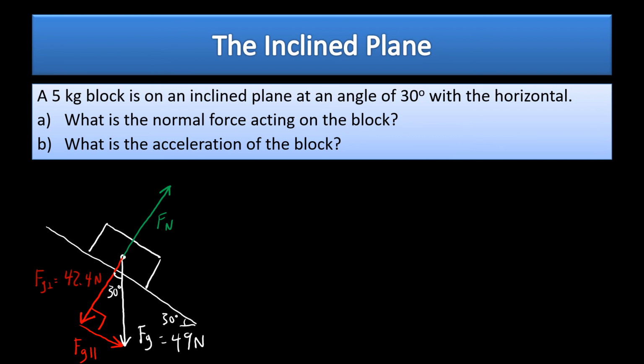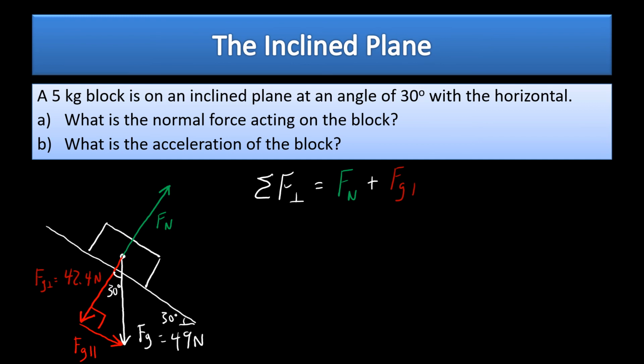So the net force, oh my God. So we could write the net force in the perpendicular direction is equal to the normal force plus the weight in the perpendicular direction, Fg perpendicular.